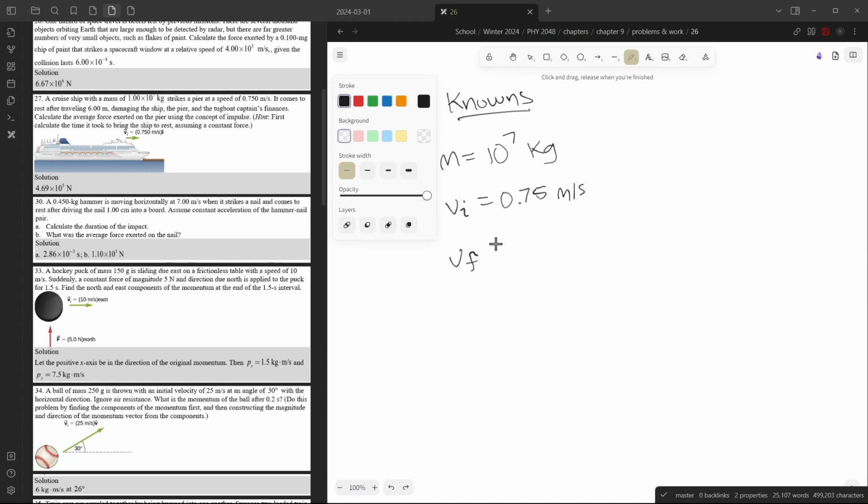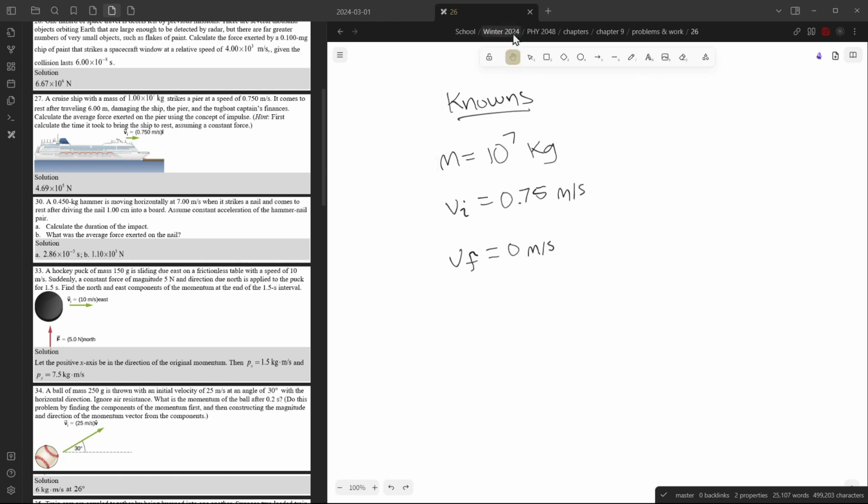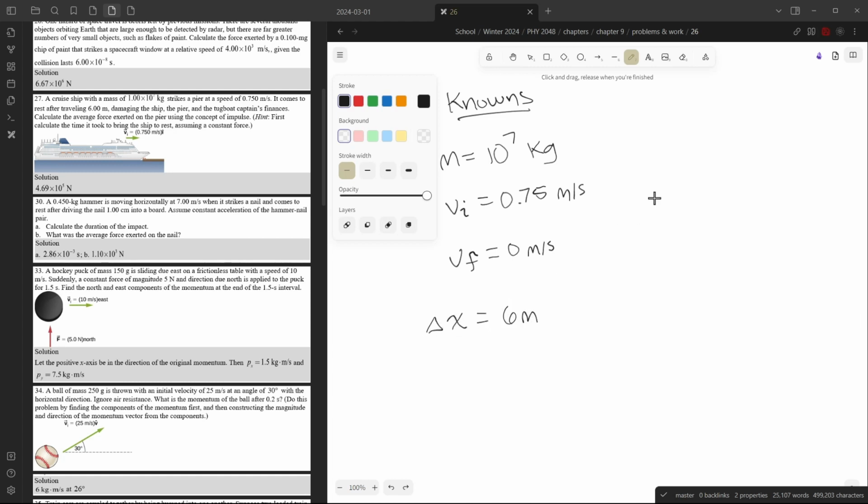The v final was 0. And it stopped in 6 meters, so delta x is 6 meters.